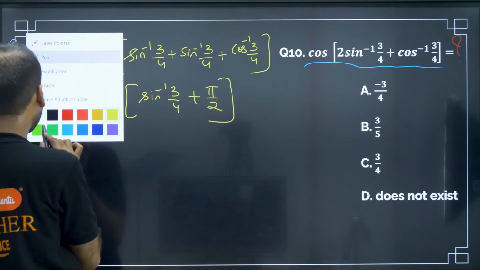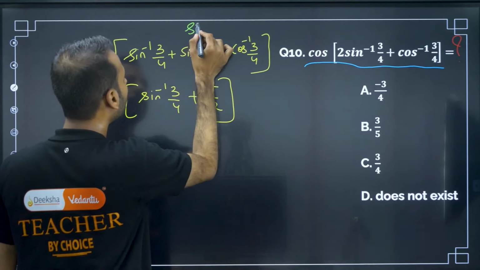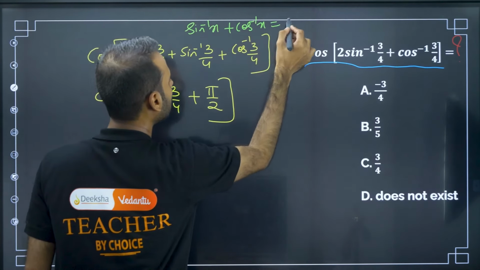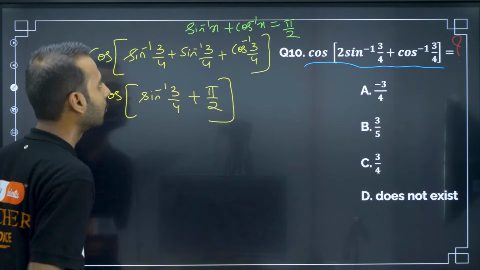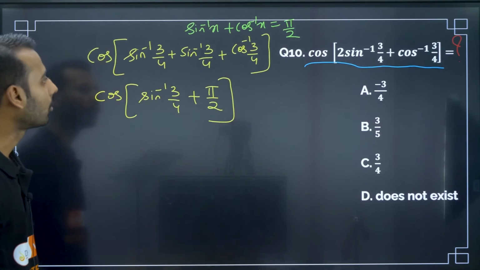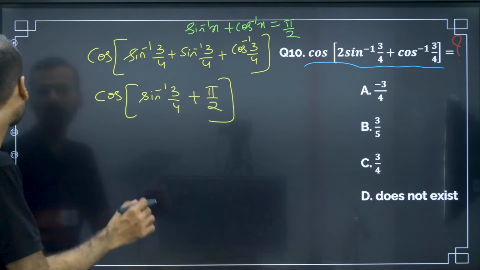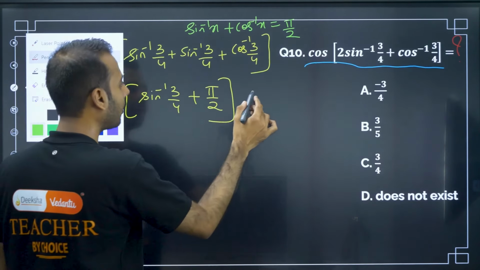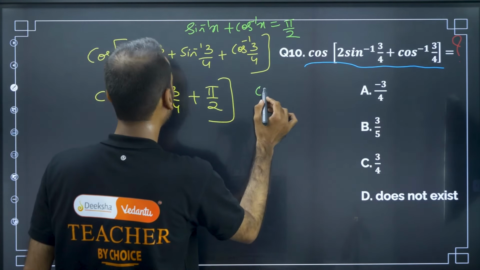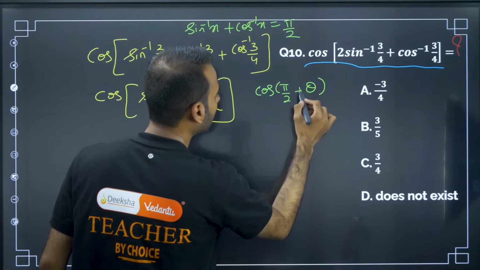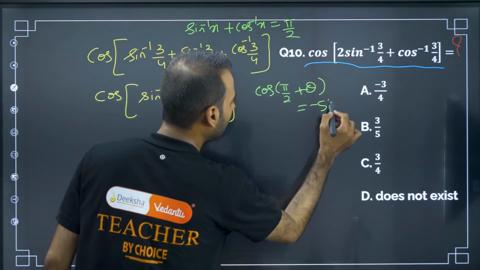From synopsis, try to recall sine inverse x plus cos inverse x is equal to pi by 2. Now one more synopsis point you should be able to recall: cos of (pi by 2 plus theta) is equal to negative sine theta.